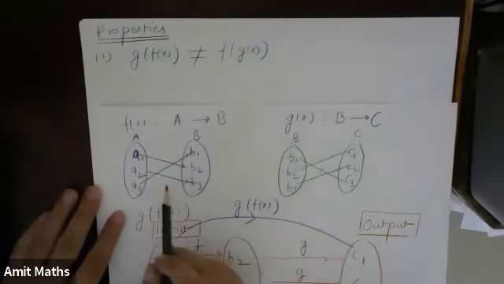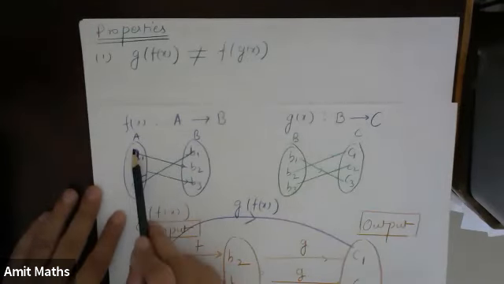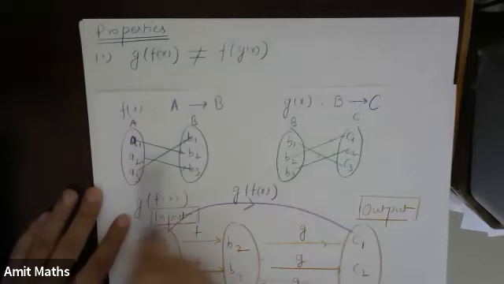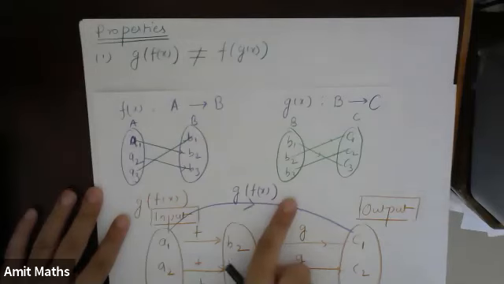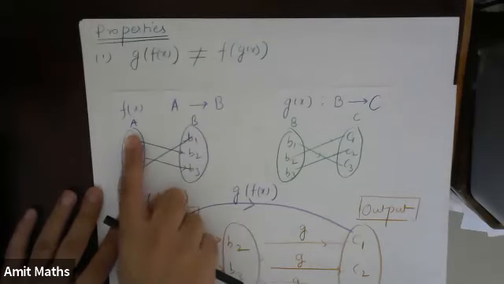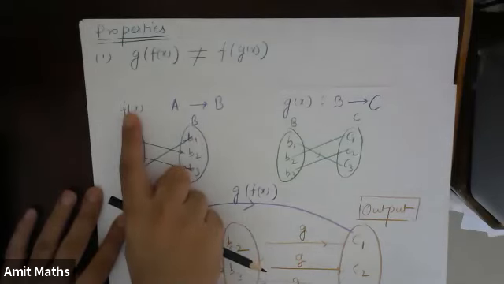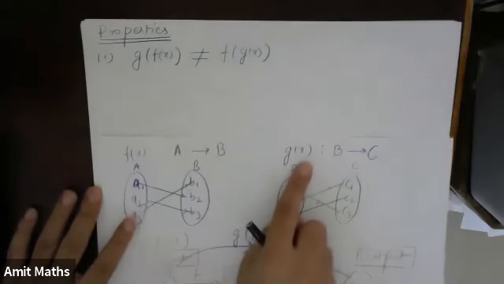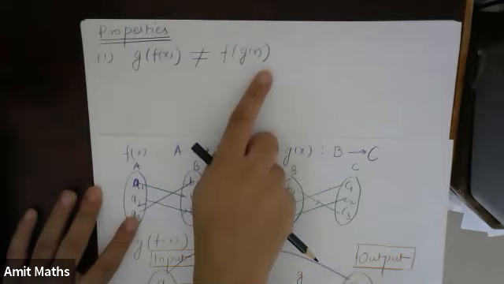Now see, f(x) is from A to B, and g is from B to C. So from A to B I get f(x), and from B to C I get g(x). Let's see what f(g(x)) will look like.